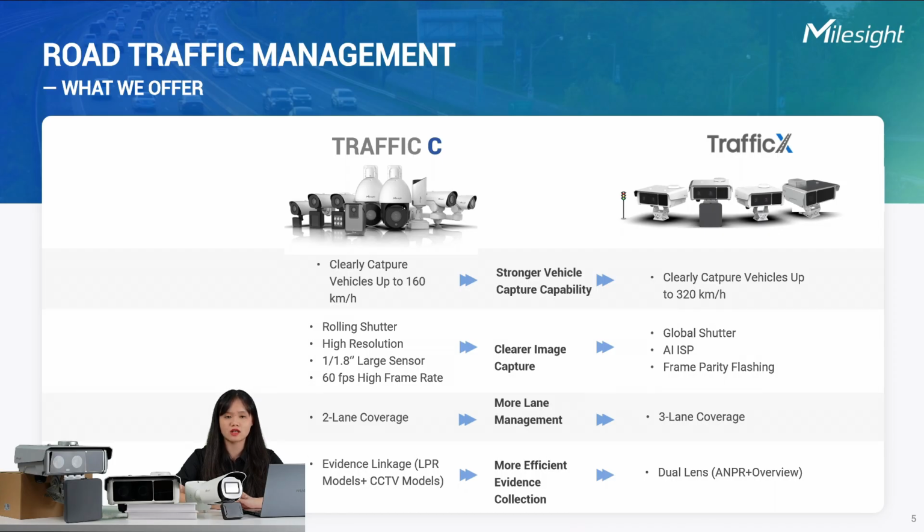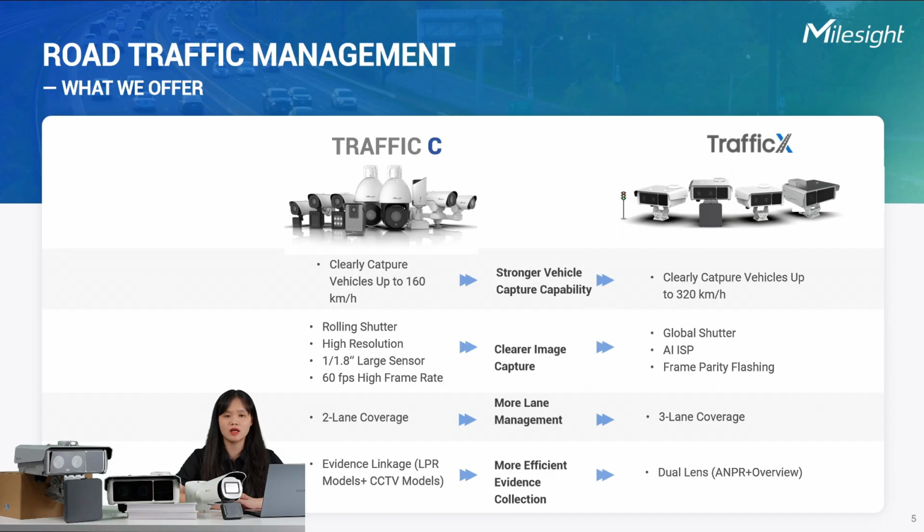As for the evidence collection, the Traffic X series has a dual lens version so that it can do overall and ANPR evidence capture with just one camera. But most of the Traffic C series are single lens, so if they want overall image capture or evidence collection on the road, they may need the evidence linkage function.